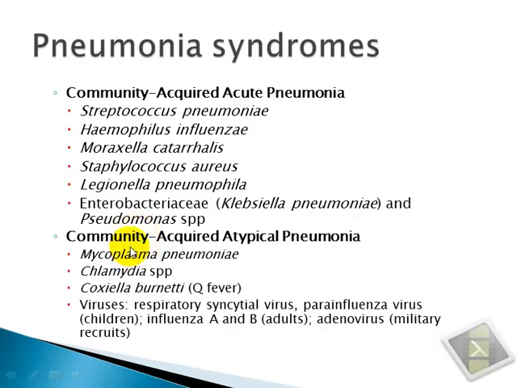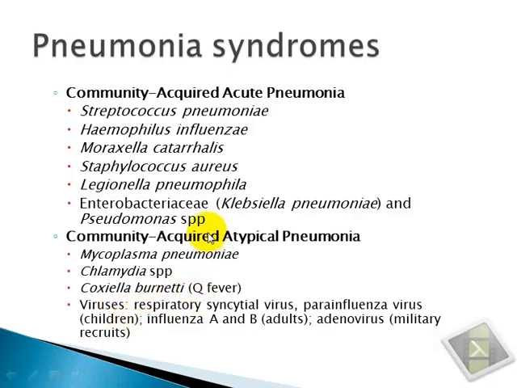Next, talking about community acquired atypical pneumonia. Again, we have one more bacteria called Mycoplasma. We give it the suffix pneumoniae, that means this is the most important culprit in this category. You have Chlamydia species, you have Coxiella burnetii, and then you have all these viruses.